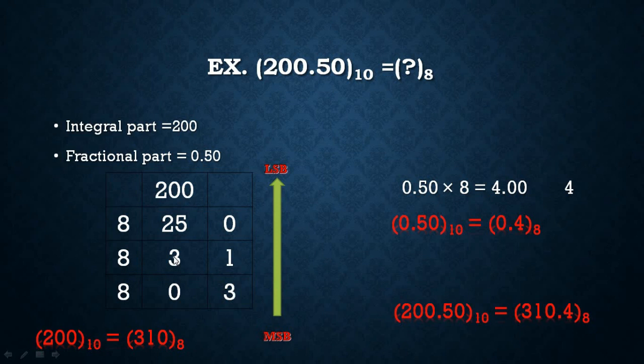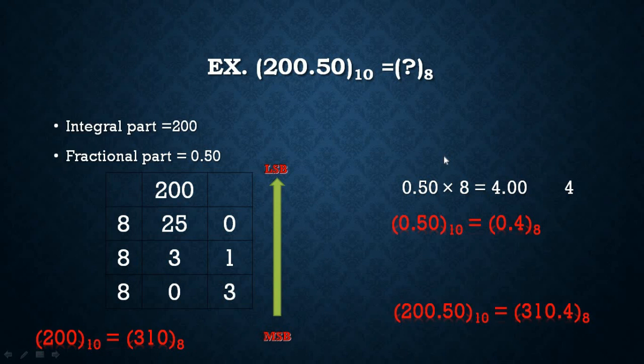Again we divide 3 by 8, but it is not divisible, so we get quotient 0 and remainder 3. So the integral part is 200 to the base 10 equal to 310 to the base 8, because we record the remainders from bottom to top.